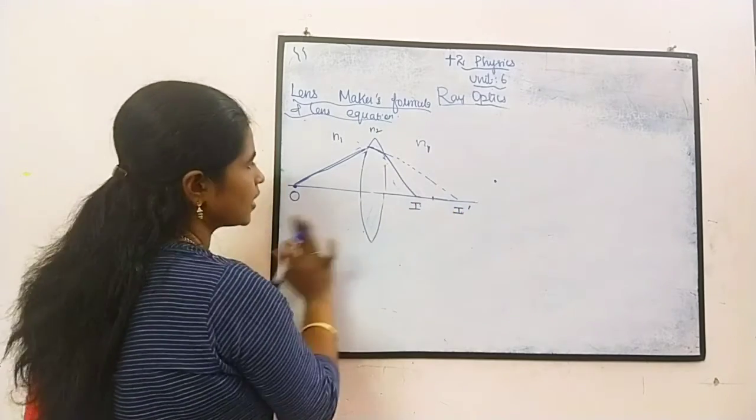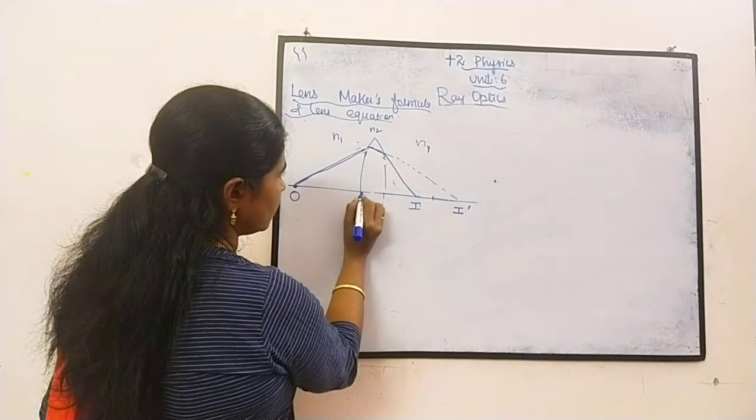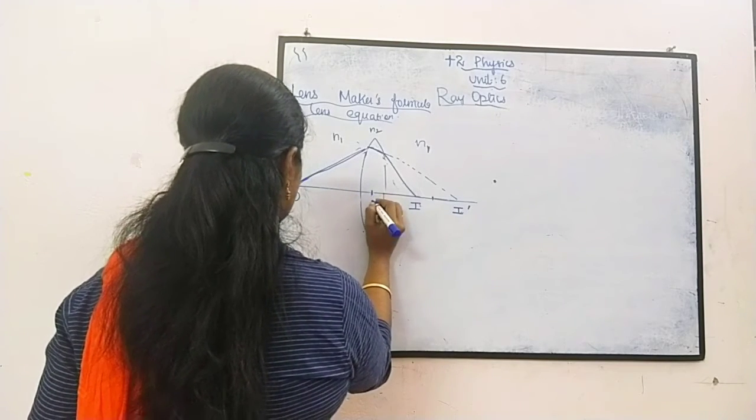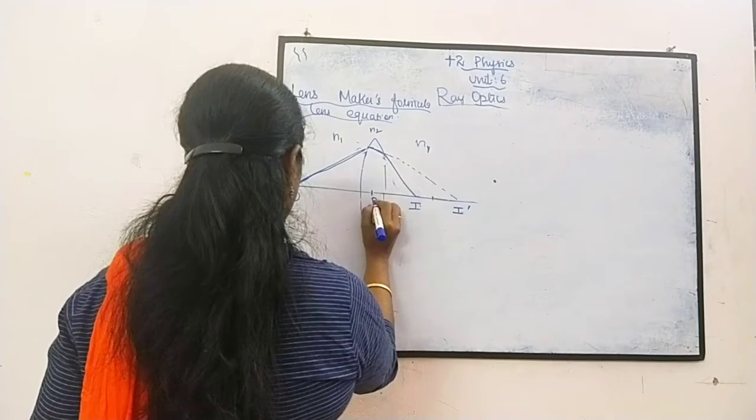So let us take this as I dash. This point is the pole, the center of the mirror, that is the pole.